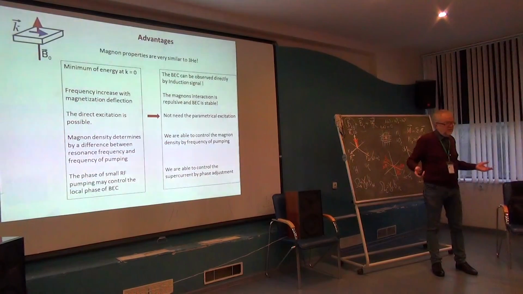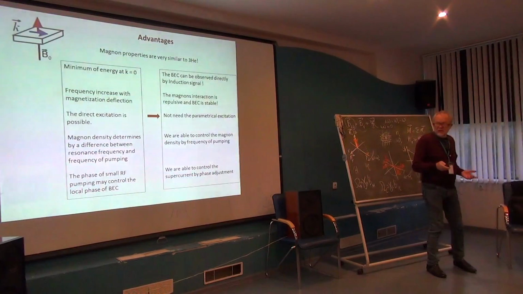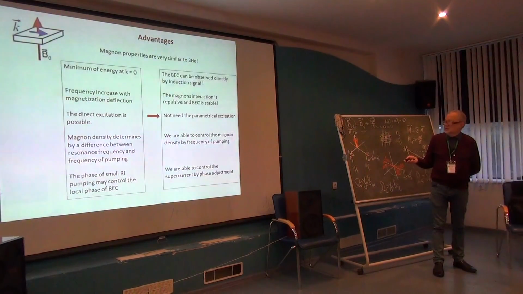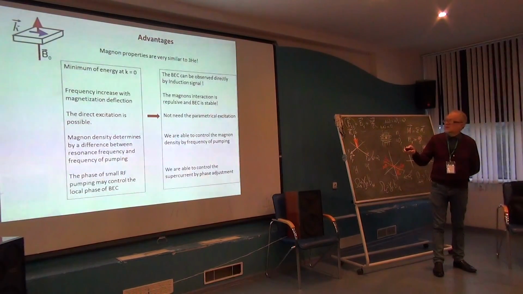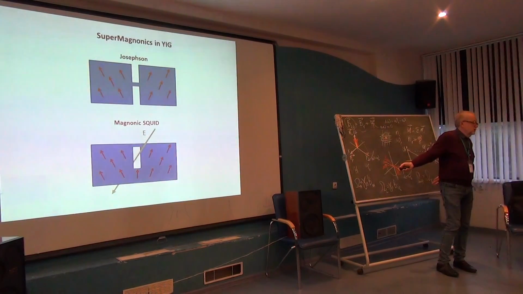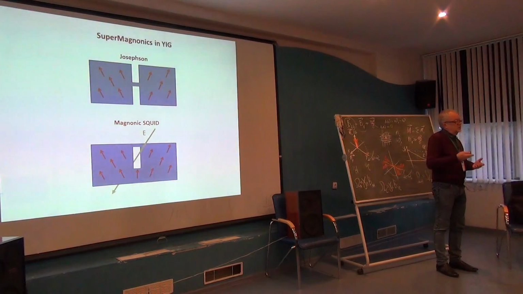So it's straightforward: it's a transistor. Then we can control the frequency of pumping of the magnetic field. And because we have a loop like this, it's a typical quantum memory. Of course, these are just first ideas, and we can make different types of quantum memory based on this phenomenon.